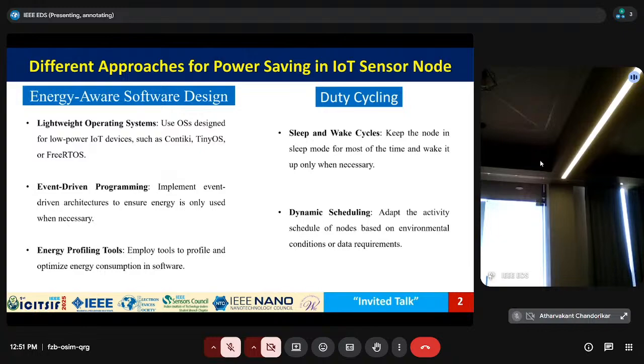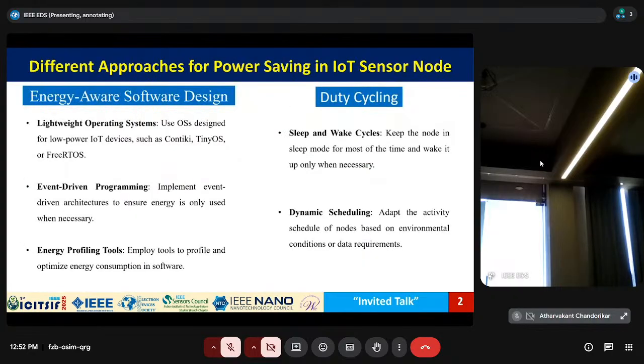Energy profiling, so we can continuously measure the energy. And duty cycling is the same as the sleep awake mechanism. Instead of periodic sleep awake, we can go with dynamic sleep awake: we monitor certain parameters, check the previous value, and then adjust the next sleep time, so that the sleep time is not fixed.